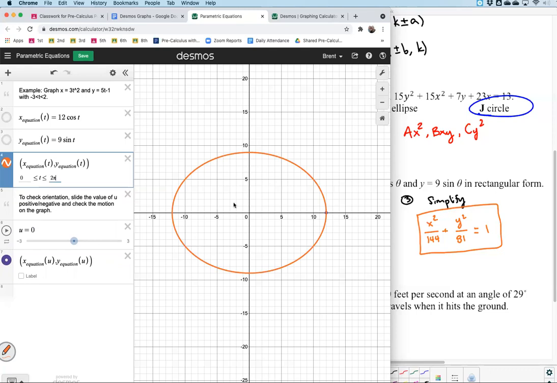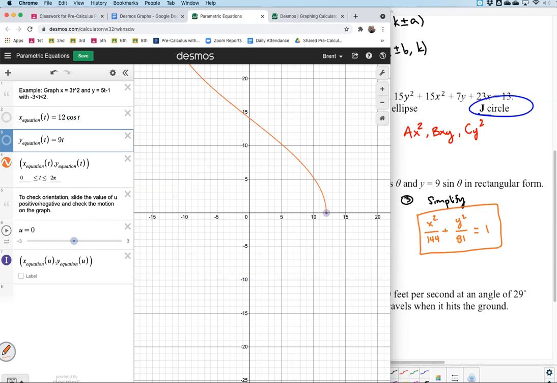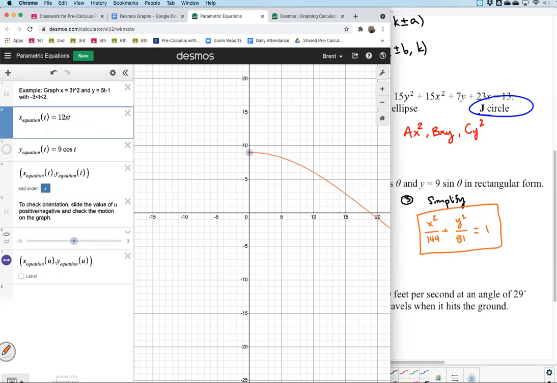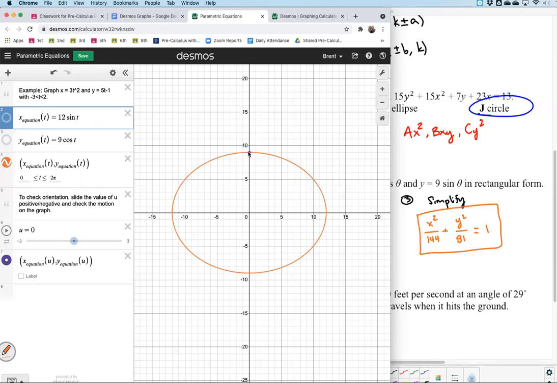One thing about this, it's very particular to know, if you put your cosine on the y, remember sine is y, cosine's x. If you flip those, what happens is it switches, I'll show you this. It switches where you start and the direction in which you rotate. Now we're going to start up at the top and rotate this way. And so if I only went 1 pi, you'll see it's a semicircle.